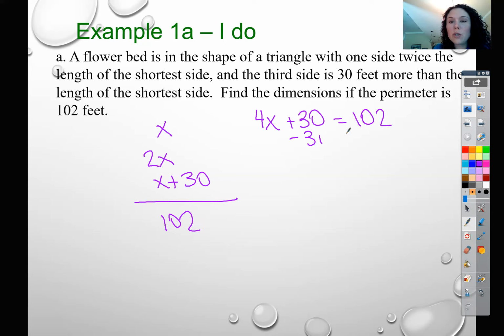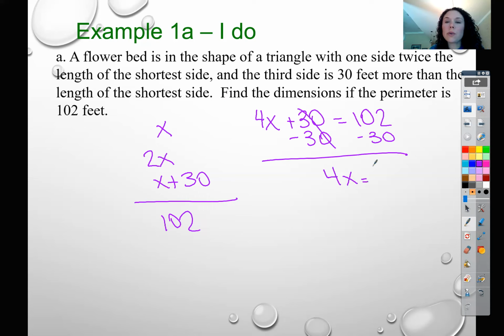So I am going to subtract 30 from both sides, and we get 4x equals, what is that? 72. So if I divide both sides by 4, I would get 18. Okay, so the shortest side equals 18.